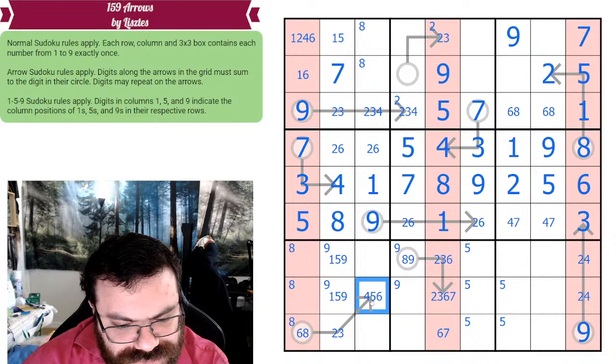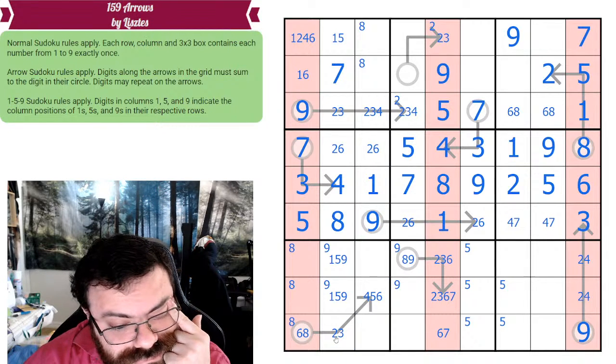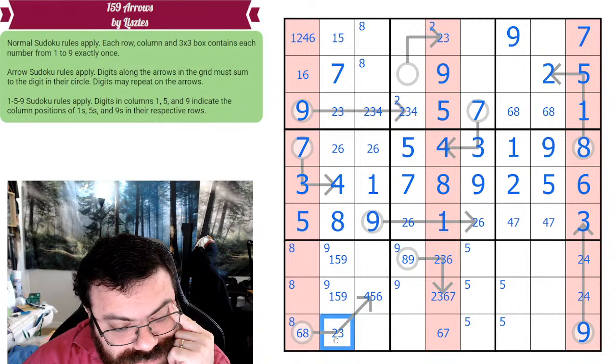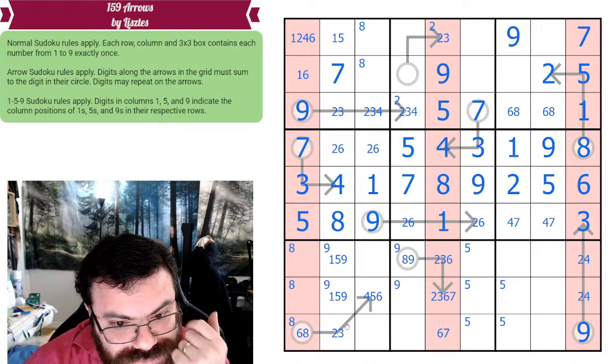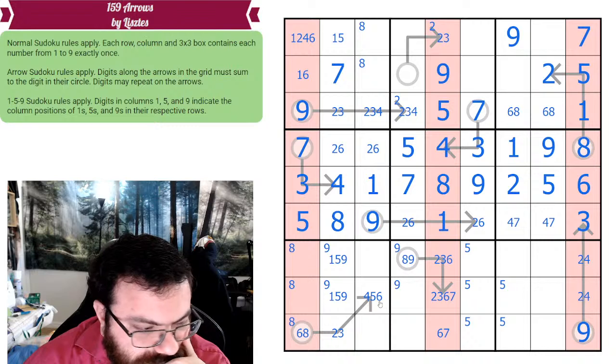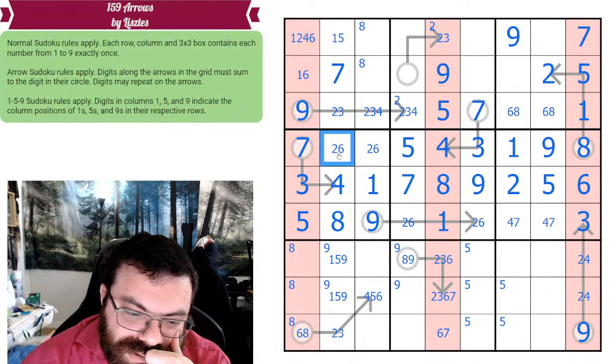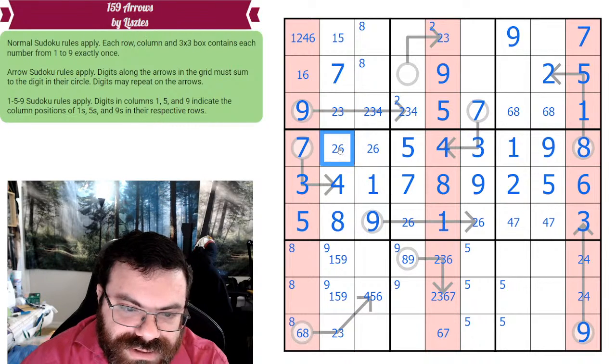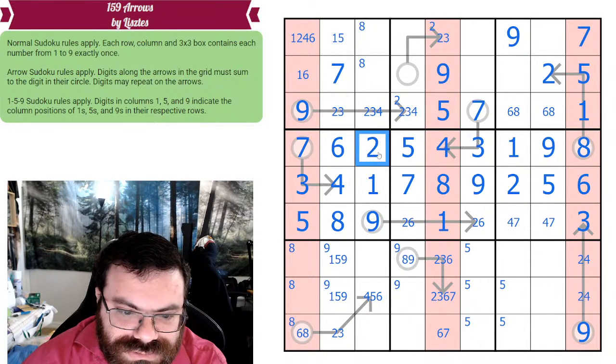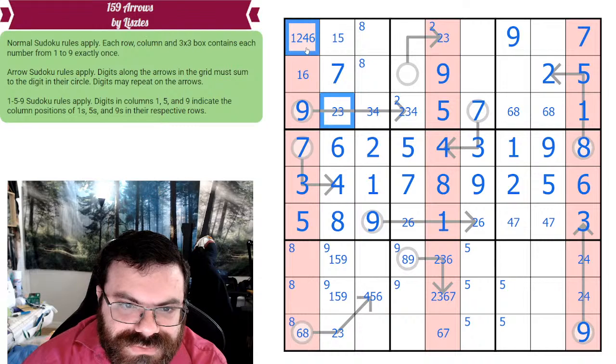So yeah, we have a 2-3 pair now. So that's a 6, that's a 2. It's not 2. It's 2 in one of these two.